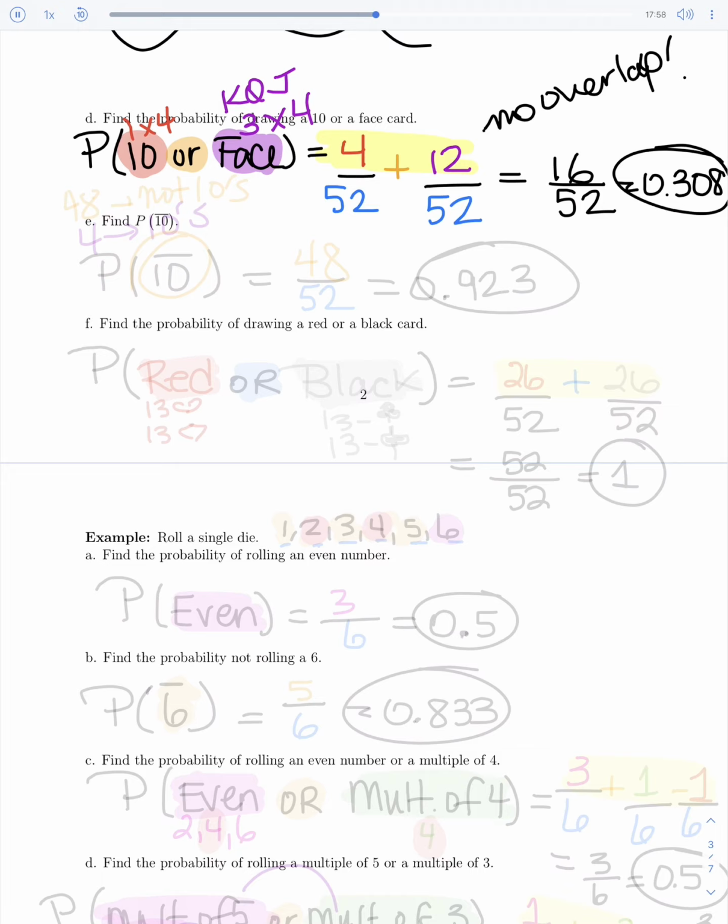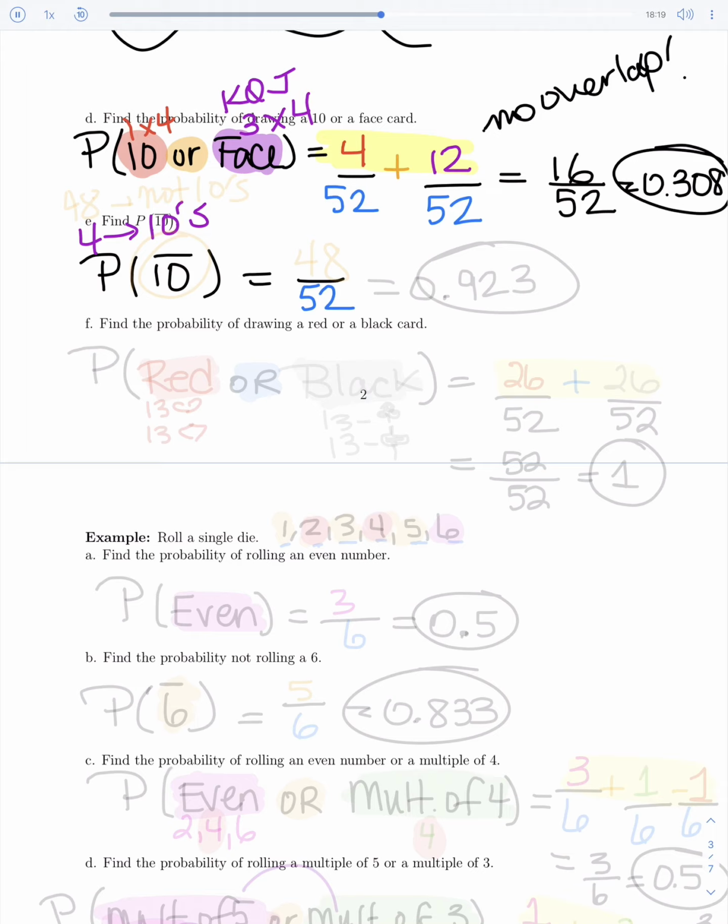Here's another one. P, and then we've got 10 with a bar. That means what's the probability of not drawing a 10? Well, remember that there's a total of 52 cards, and 4 of them are 10s.